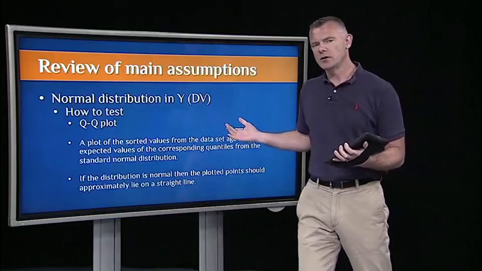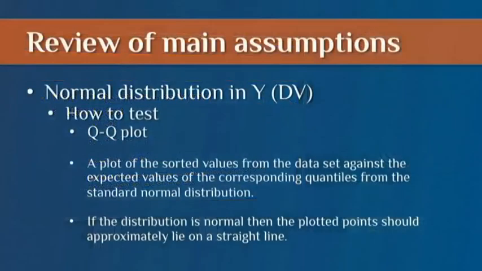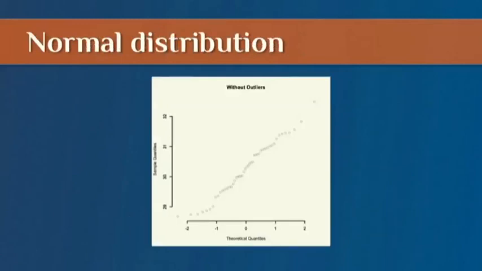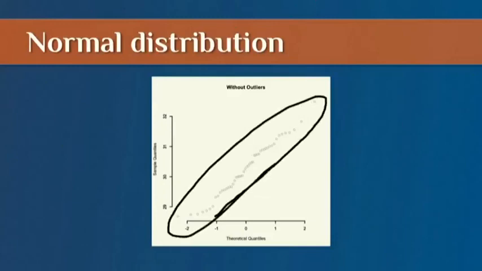Another way I could observe those is through this QQ plot, which is a plot of the sorted values from the data set against the expected values of the corresponding quantiles from the standard normal distribution. It's a little bit hard to see perhaps, but what you see in a QQ plot when there's a normal distribution is this nice linear function with all of our data points, where we have our sampled quantiles against the theoretical quantiles.